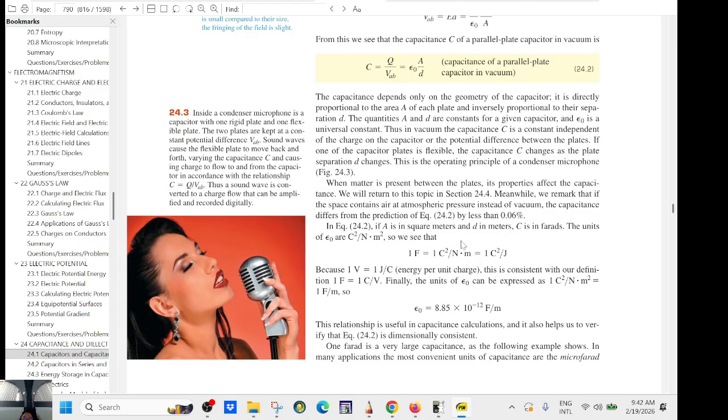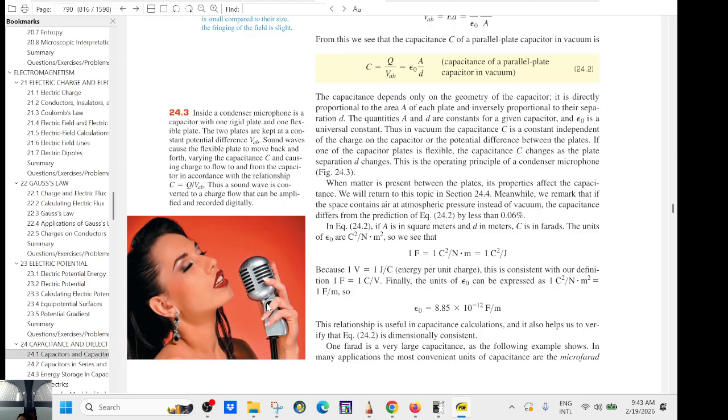So there are a lot of applications. For example, you have this beautiful woman who is singing, whatever she's singing, but it's a microphone. And inside here you have a capacitor, and the same voltage is applied to the capacitor. However, when she's singing, you're going to have a sound wave.